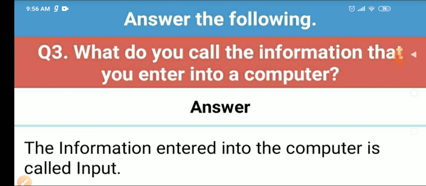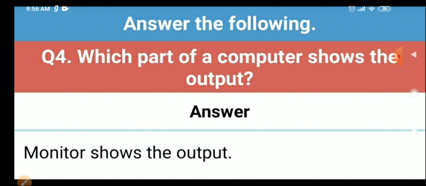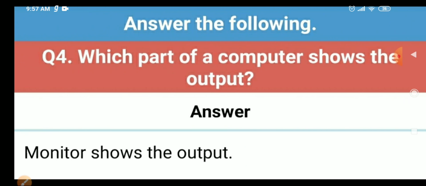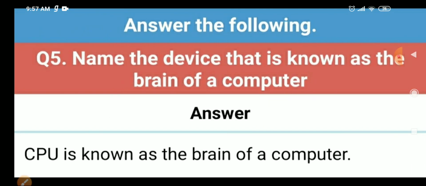The information entered into the computer is called input. Fourth question is, which part of the computer shows the output? Monitor shows the output. Name the device that is known as the brain of the computer. CPU is known as the brain of the computer.